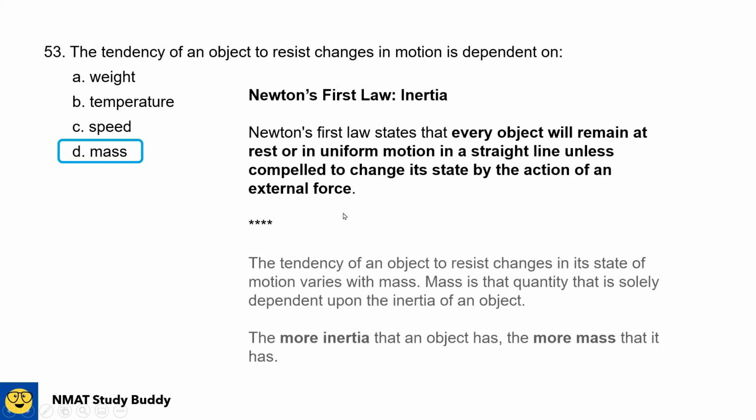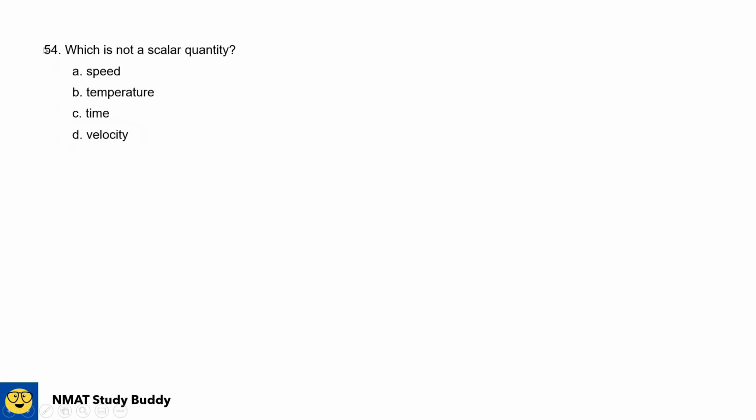So yung pinaka-explanation din dito, yan, yung tendency ng object to resist changes in its state of motion varies with mass. Mass is that quantity that is solely dependent upon the inertia of an object. So kapag mas mataas yung inertia ng object, ibig sabihin nun, mas mataas din yung value ng mass na meron yung isang object. Number 54, which is not a scalar quantity?